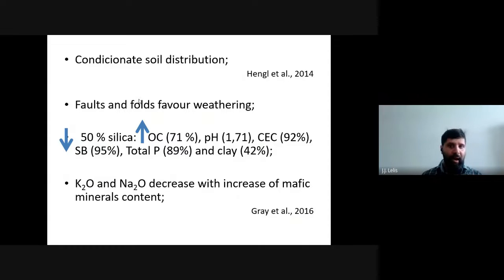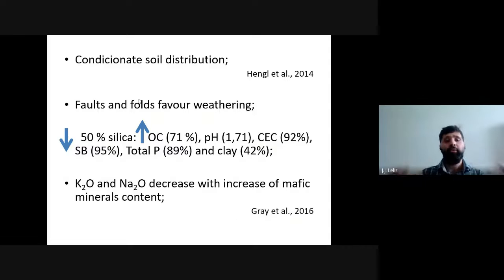So you have soils with different conditions and properties from those formed from gneiss. So it's quite important to understand that some faults and folds could help the weathering and the soil formation, but also they can avoid the weathering and induce another soil formation process, okay?